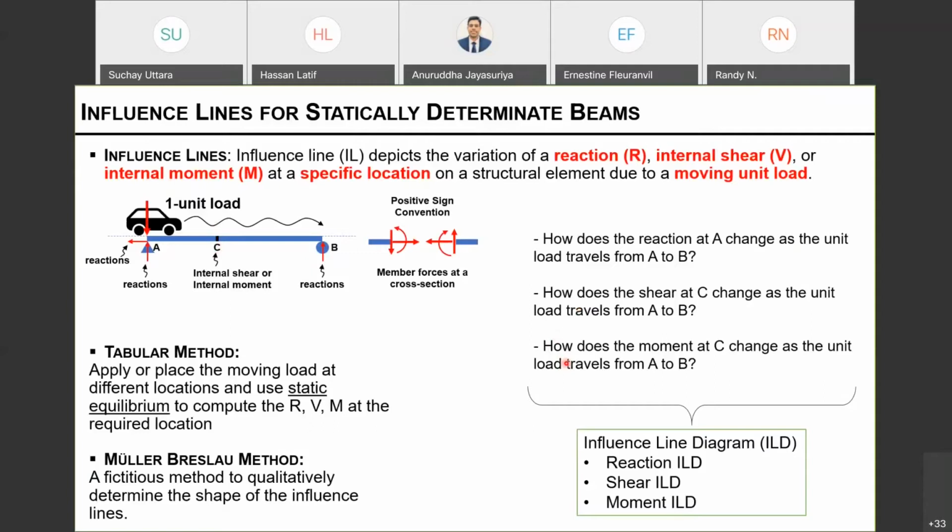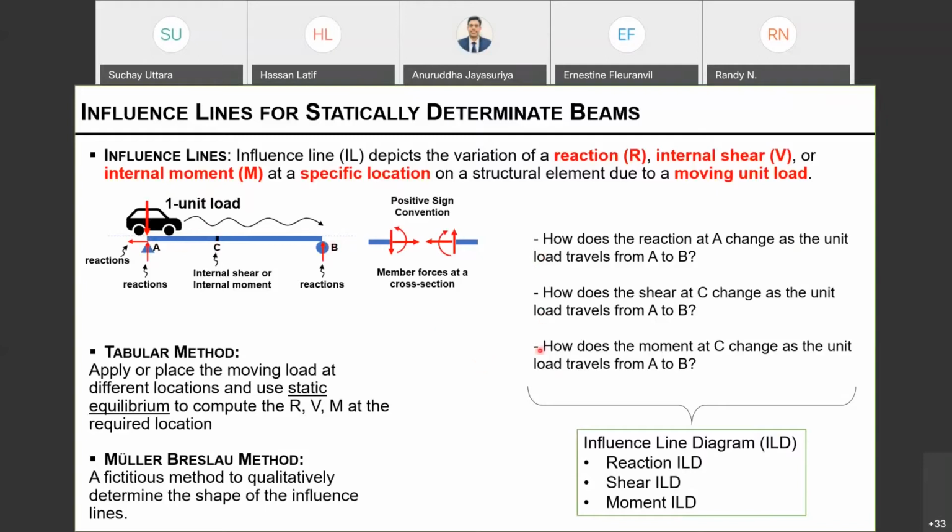And again, there is another influence coming from the moment. So how does the moment at C change? This is a specific location that I have highlighted here. We are interested in the moment about C when this unit load is moving from A to B.